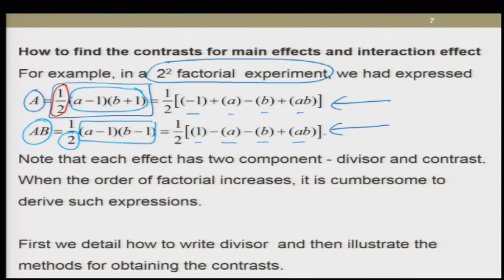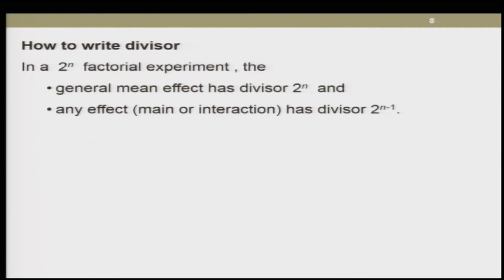So, now I will show you how, when you consider a higher order factorial experiment, you can write such a thing, and for that you need not do the type of manipulations or understand the type of explanation that we had considered in the case of the 2 square factorial experiment.